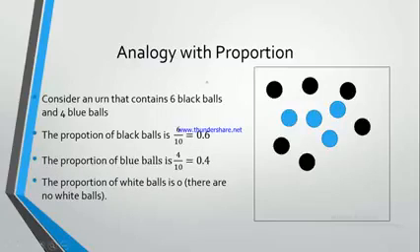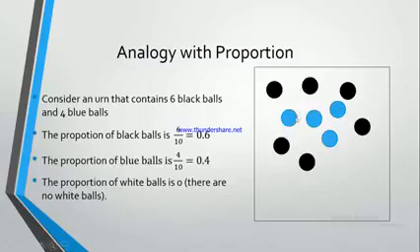To do this we will consider an urn that contains 6 black balls and 4 blue balls, as we see. So the proportion of black balls is the number of black balls over the total number of balls, which is 6 over 10, and this is equal to 0.6.